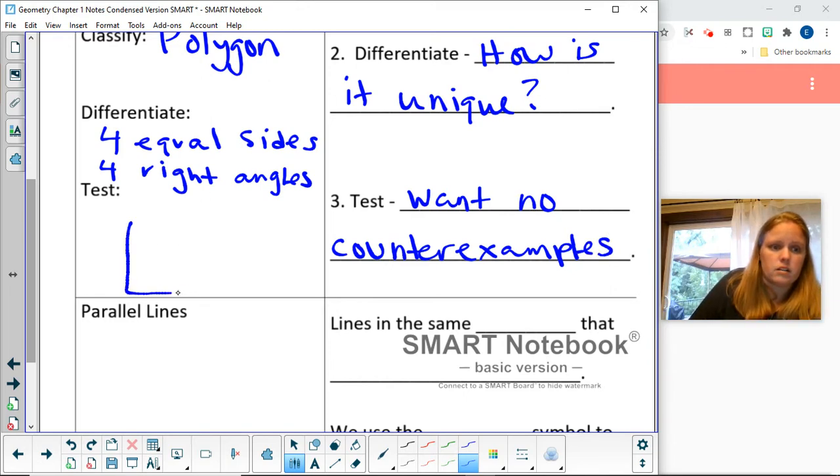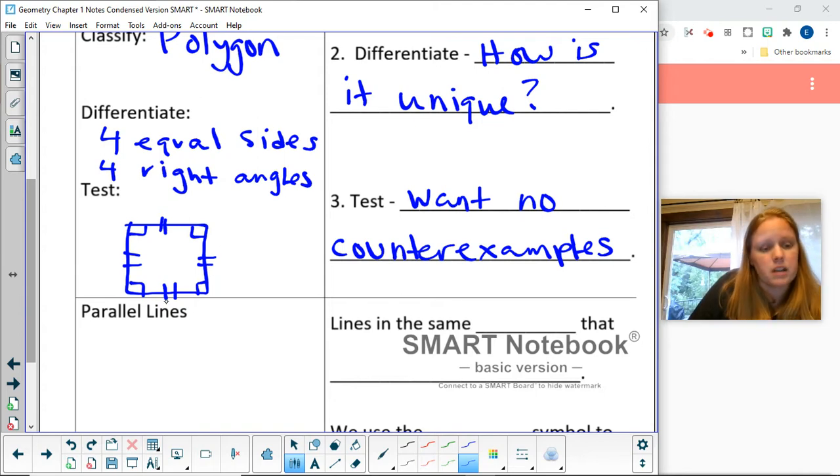So I need a polygon with 4 equal sides, 4 90-degree angles. Can I call this anything else besides a square? Well, technically it is a rectangle, but a square is a more precise rectangle because it's got the 4 equal sides. So check, this looks good.